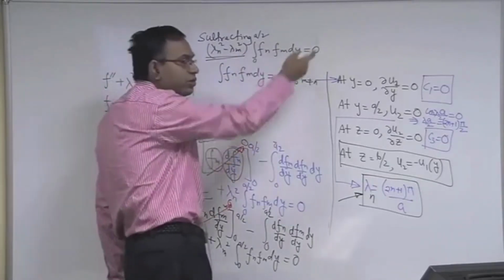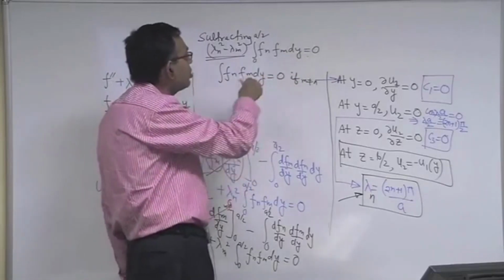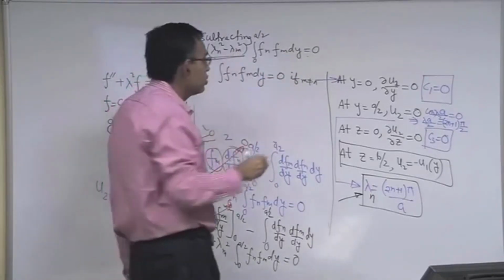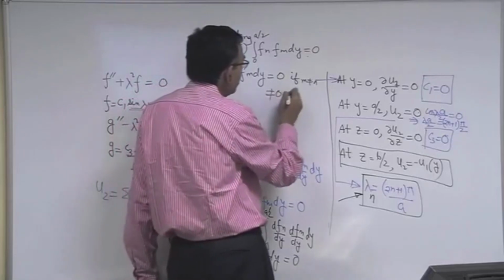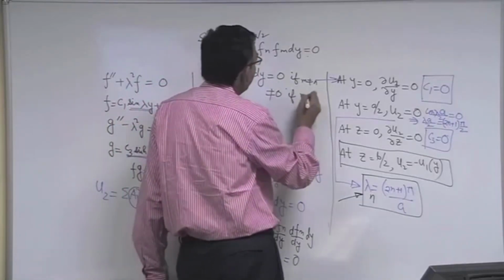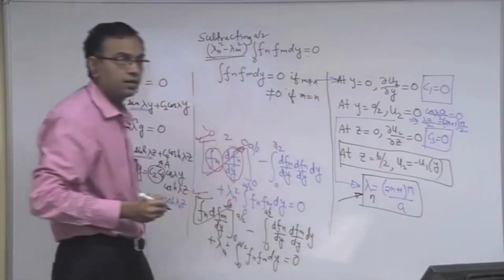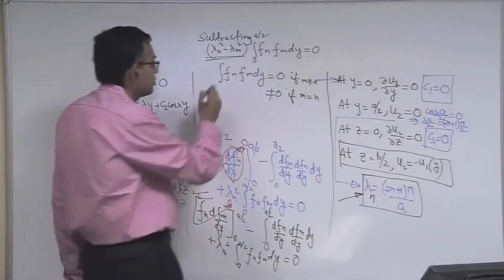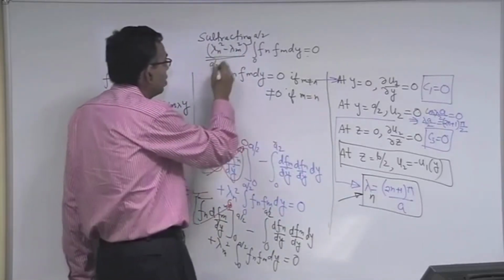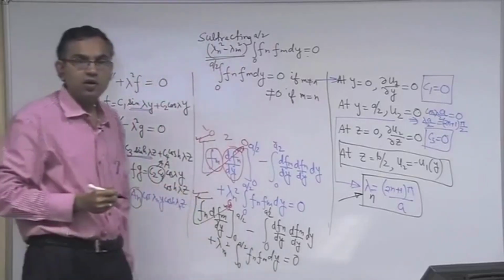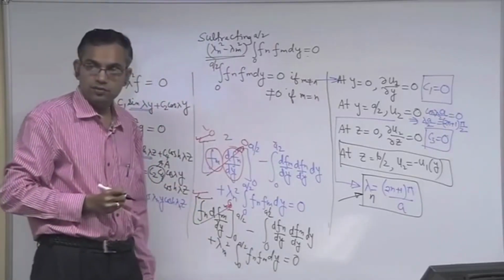So, this has to be 0 to make it 0, but if m is equal to n, that is not necessary. So, this is not equal to 0 if m equal to n, right. This is called the orthogonality condition.